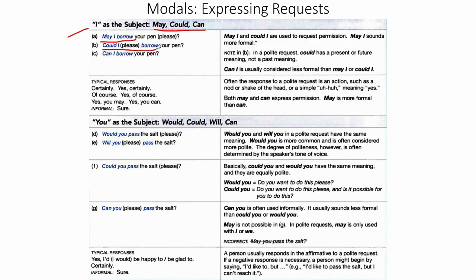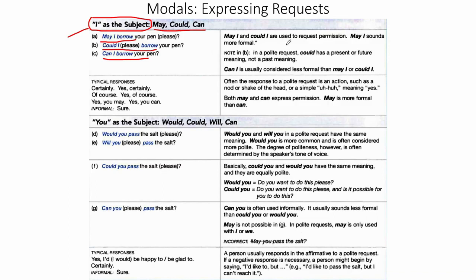Could I borrow your pen? Finally, we can use the modal can. Can I borrow your pen? You want the pen, you ask for the pen, and then you request the pen. So you want to express a request with I as the subject, and the modals that we use are may, can, and could.